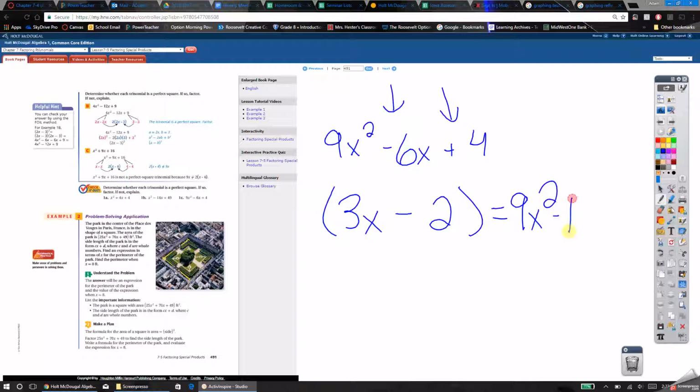That's negative 12x. And then I'm going to square my last term. That's 4. So if you notice here, this does not match the original. The directions say determine if each trinomial is a perfect square. If so, factor. If not, explain. This one is not a perfect square because the middle term is not possible given the square root of 4 and the square root of 9.